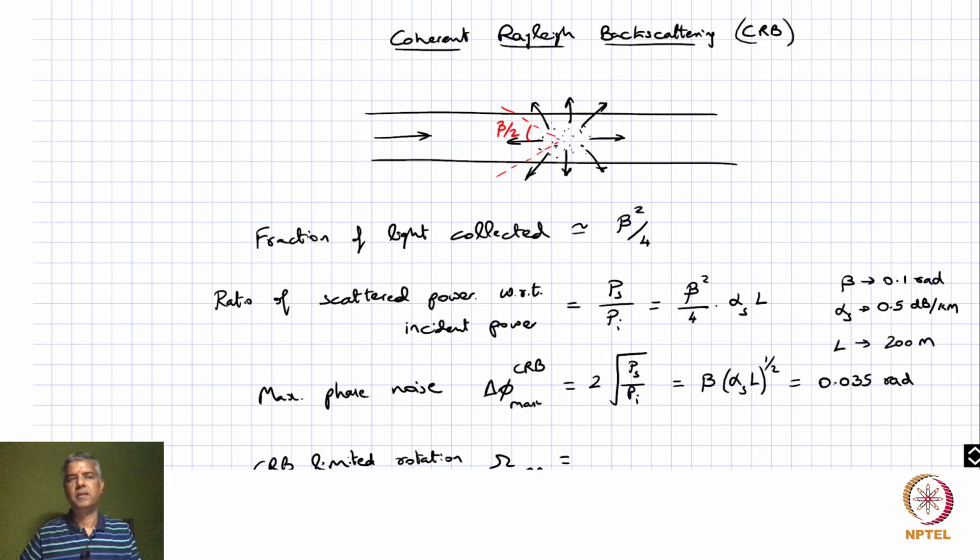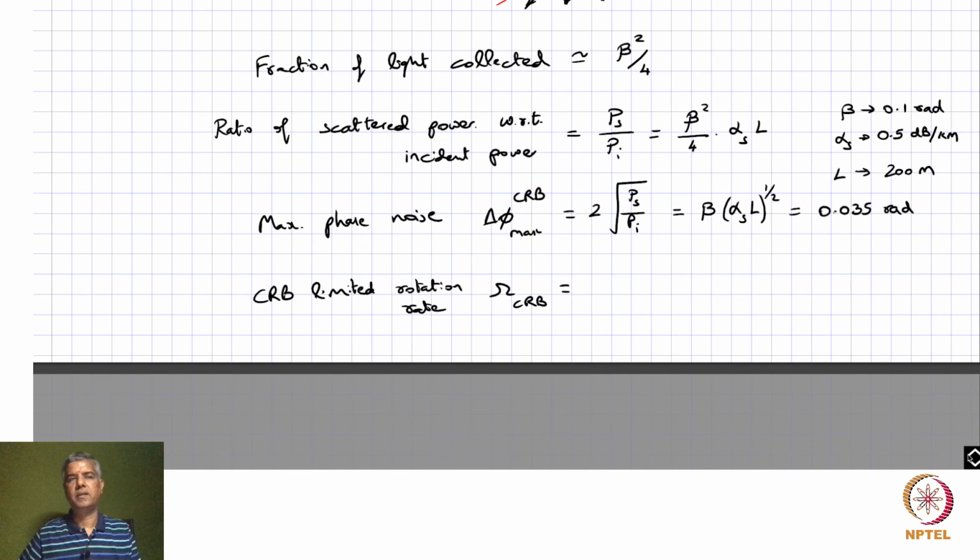So, you can just invert that and say that the CRB is going to be given by Vg multiplied by lambda divided by 4 pi R L, and then you have this delta phi that is coming into the picture. So, beta alpha is L to the power of half.